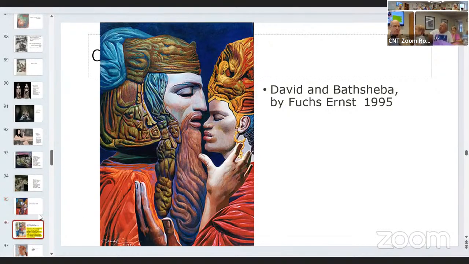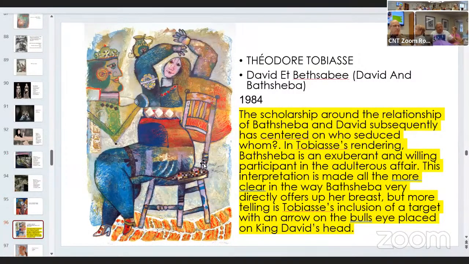It's not really clear. Theodore Tobias, his big painting is Who Seduced Whom? And the interpretation I read online is that Bathsheba is an exuberant and willing participant in the adulterous affair, according to him. This interpretation is made all the more clear in the way Bathsheba very directly offers up her breast.